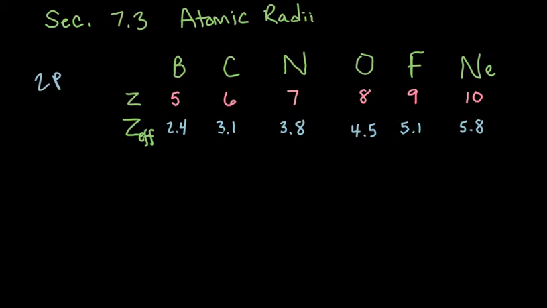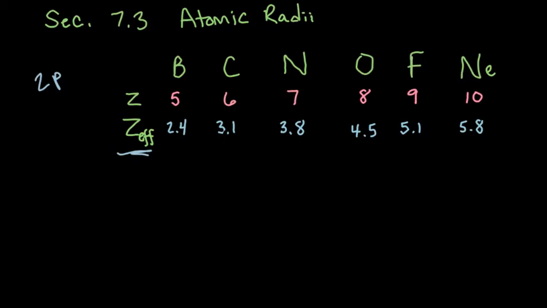In this video, we're going to continue our notes on Chapter 7, and before we get into the concept of atomic radii, I want to quickly revisit a concept that we learned in the last video, and that would be our Z effective. If you recall, the Z effective is basically the actual force that any given electron is going to feel from the nucleus.